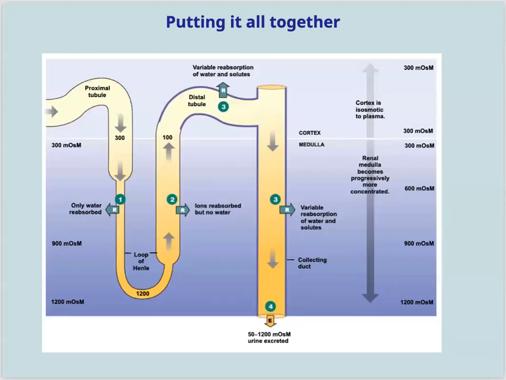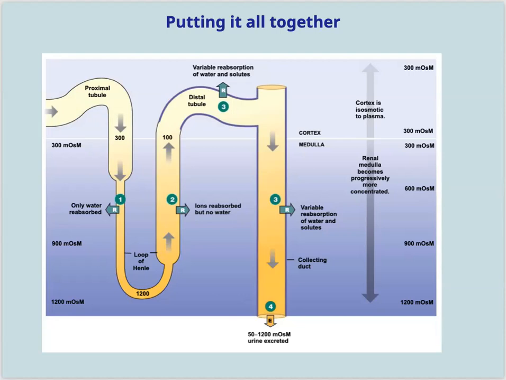So putting it all together, our kidneys are able to conserve water, but in order to move water, they have to first move sodium. The way our kidneys are able to accomplish this is through a mechanism called the countercurrent system. That encompasses countercurrent multiplication and countercurrent exchange.